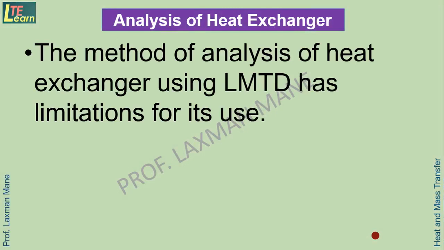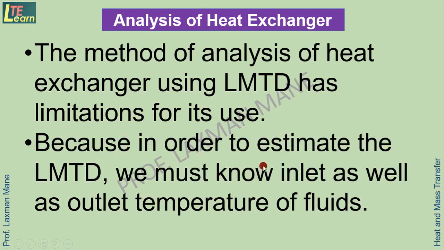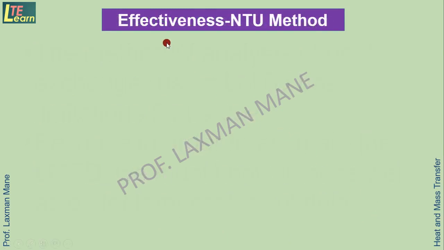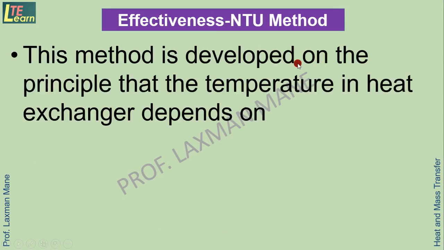The method of analysis of heat exchanger using LMTD, meaning log mean temperature difference, has limitations for its use, because in order to estimate the LMTD we must know the inlet as well as outlet temperature of the fluids. So the second method, that is the effectiveness-NTU method, is used.